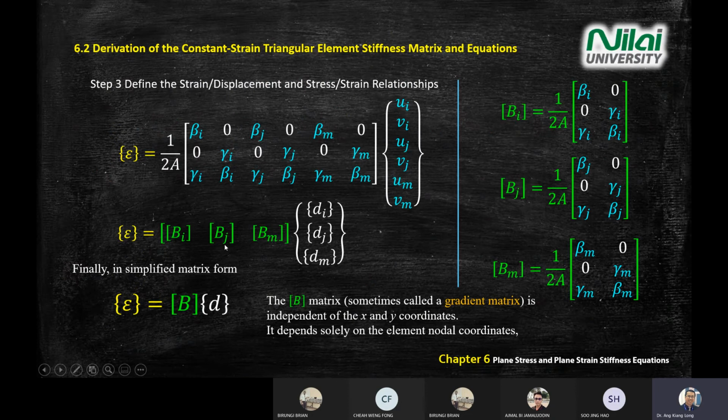Okay, this is B. How do you calculate B? You have three numbers there for the B matrix. You need to calculate BI, BJ, BM. BI gives you this matrix. You just substitute beta I, gamma, and so on into here.